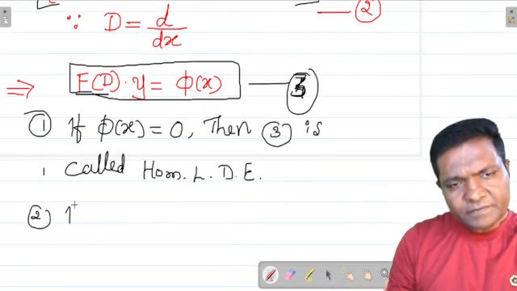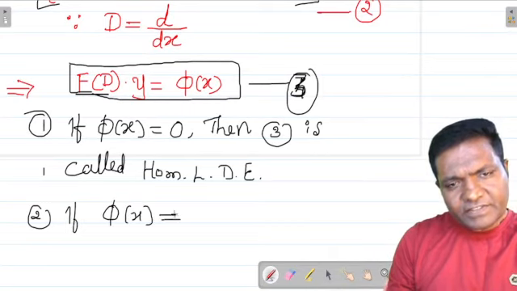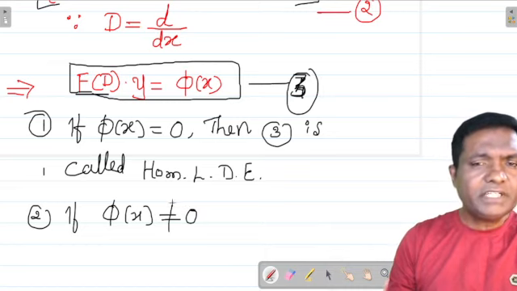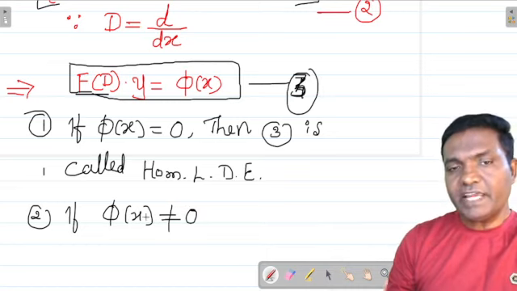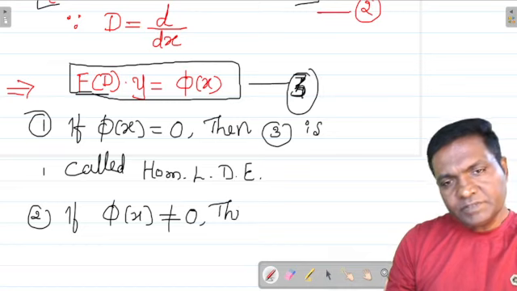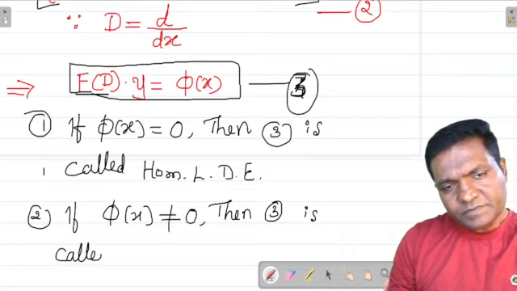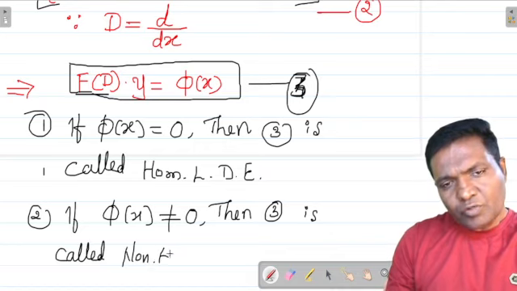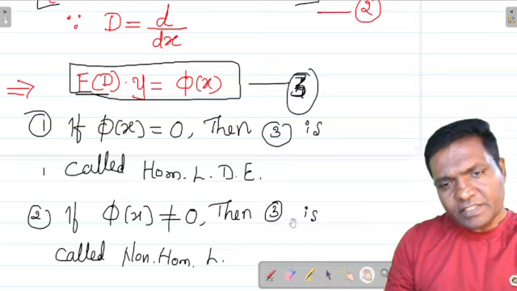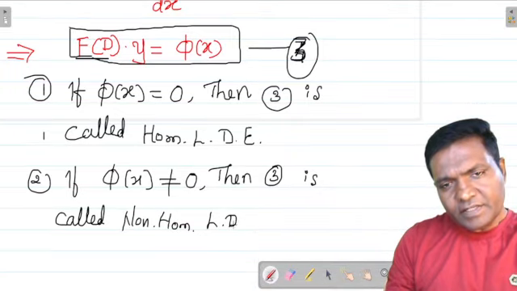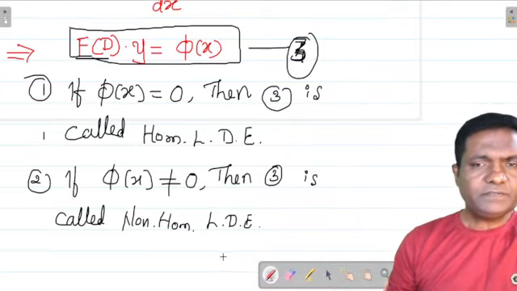And if phi of x is not equal to 0, means if it's any function of x, then equation 3 is called non-homogeneous linear differential equation.